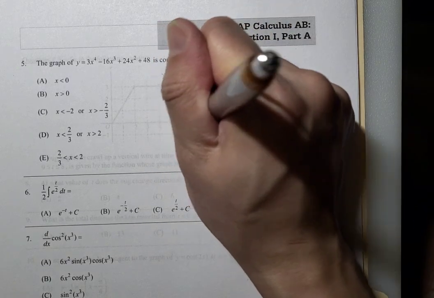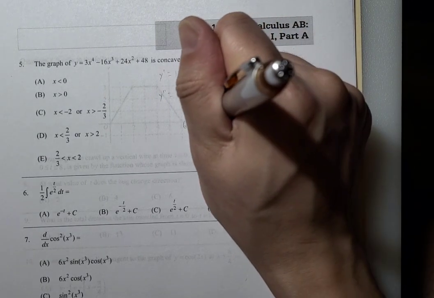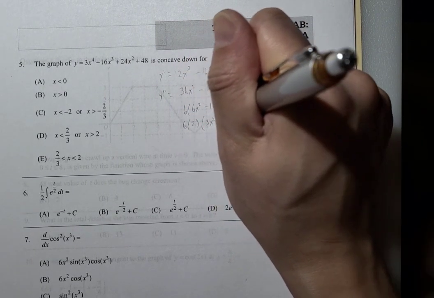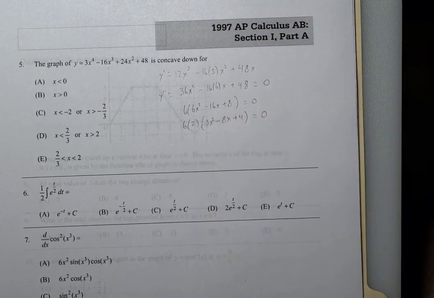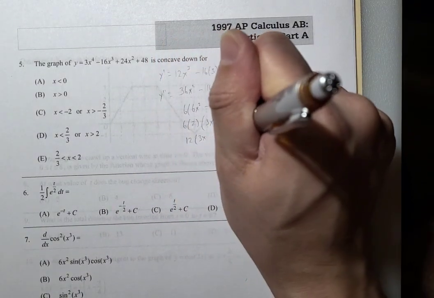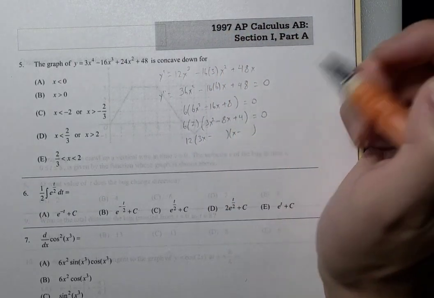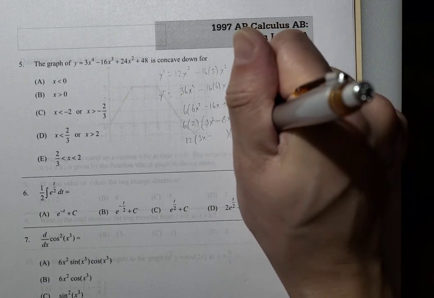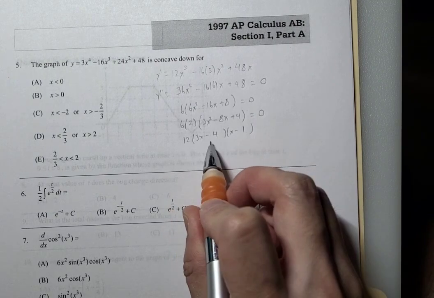So it'll be 6 times 2 times 3x squared minus 8x plus 4. Hopefully I'm doing this right. And then we can factor this as 12 times 3x minus something, x minus something, either 4, 1 or 2, 2. So where do those go? It would be 1 and 4, I believe, because of the minus 3.